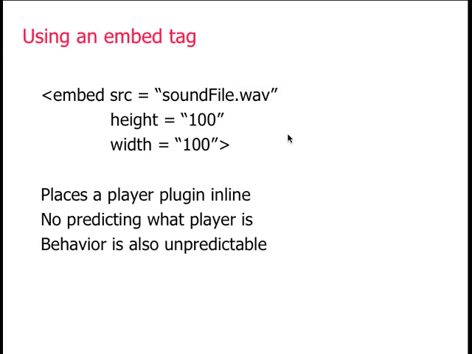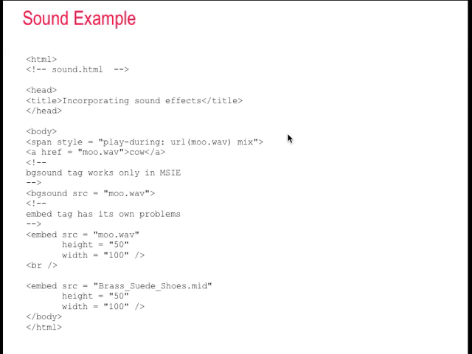You can't use another PDF manufacturer or viewer. So no predicting what player is going to be used unless you specify it. The behavior is also unpredictable. And half the time this stuff fails, because the user may not necessarily have any audio player installed on their computer. And who knows what computer they're using.